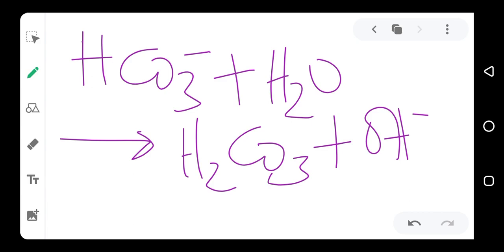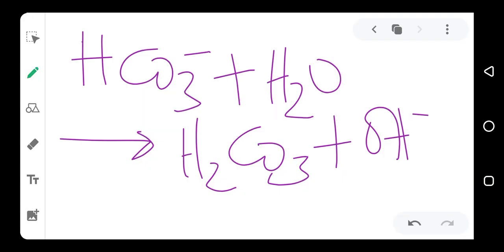Now it is also important for us to note that a substance can only act as an acid or a base if it donates a proton or accepts a proton, and we find out whether it has donated a proton or accepted a proton from a reaction.